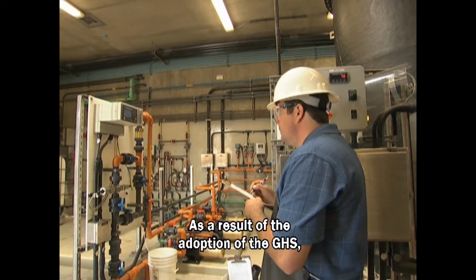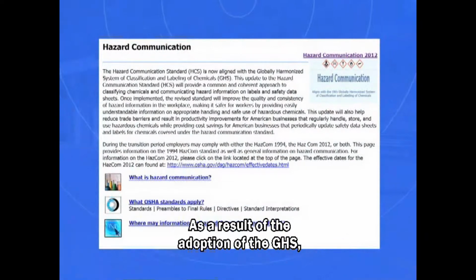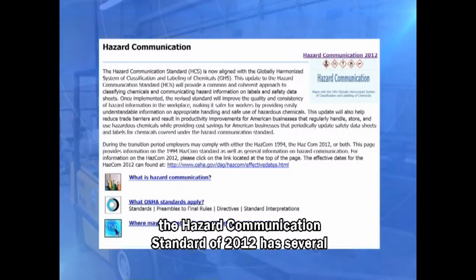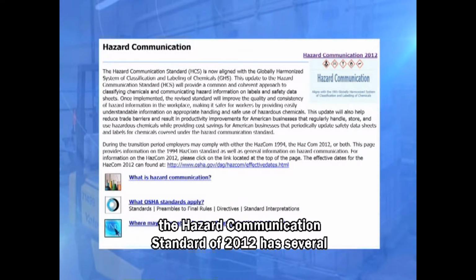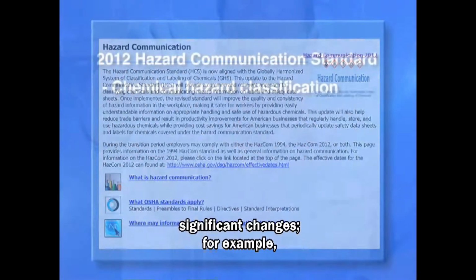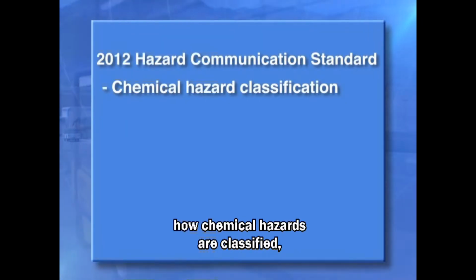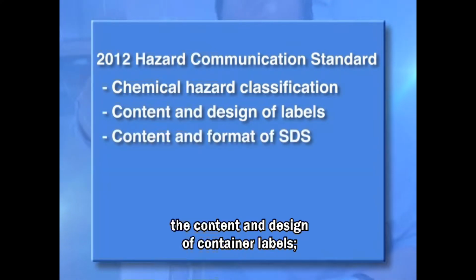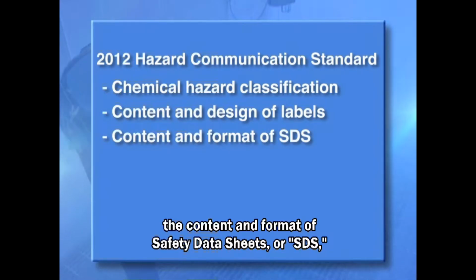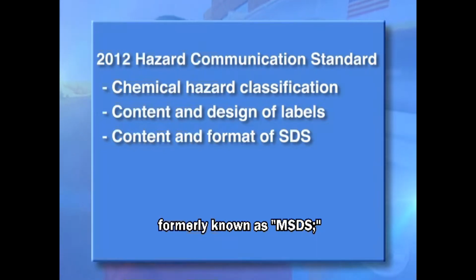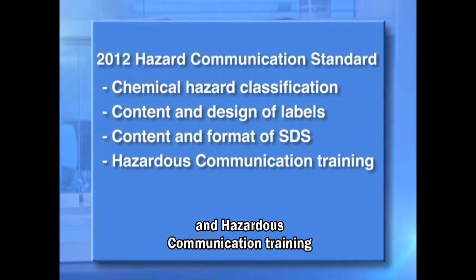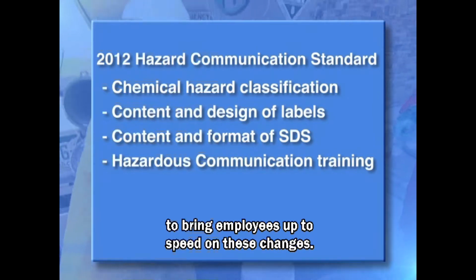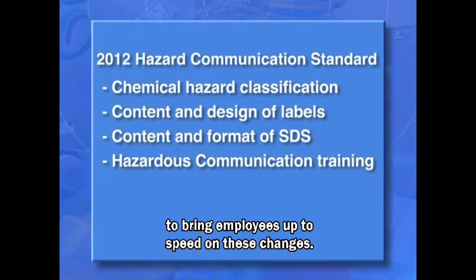As a result of the adoption of the GHS, the Hazard Communication Standard of 2012 has several significant changes. For example, how chemical hazards are classified, the content and design of container labels, the content and format of safety data sheets, or SDS, formerly known as MSDS, and hazard communication training to bring employees up to speed on these changes.